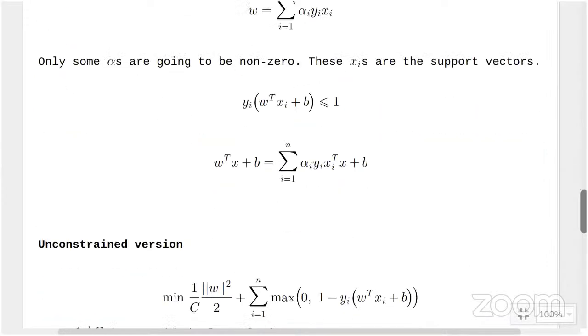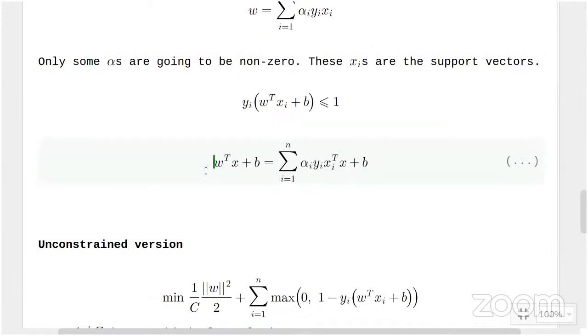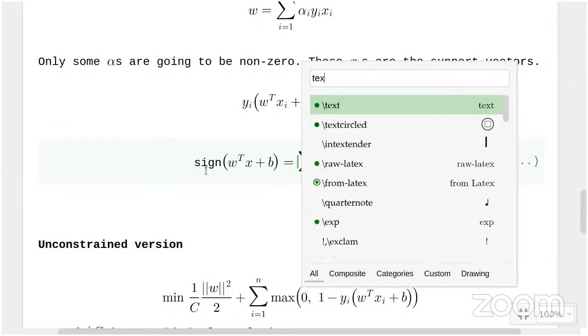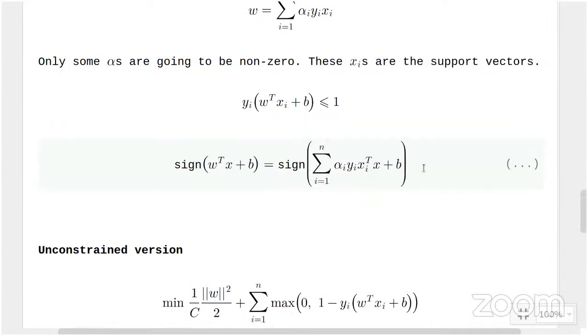Same thing when it comes to prediction. If you want to predict, you essentially take the sign of W transpose X plus B, where X is some test data point. So you take the sign of this expression. Here again, notice what matters is the dot product between x_i and x.